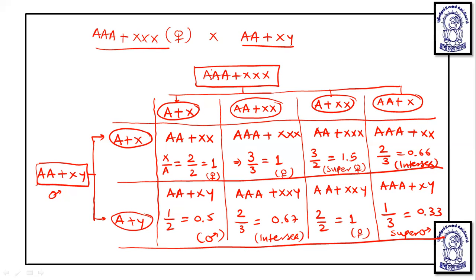If you write this, then if the X by A ratio is 1, it is going to be a normal female. If it is 0.5, then it is a normal male.